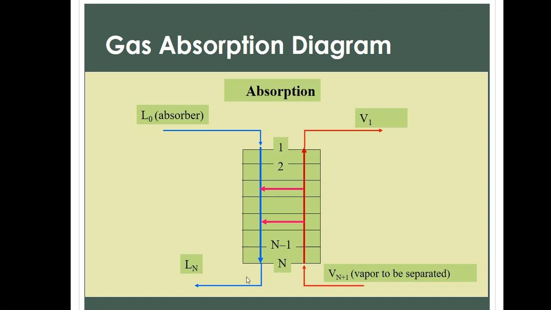This liquid phase is coming from tray N, or stage N, so it has a subscript of N. This vapor that is to be processed is entering stage N, so it is understood that it came from stage N plus 1. This is how we number stages or phases in Geankoplis orientation.